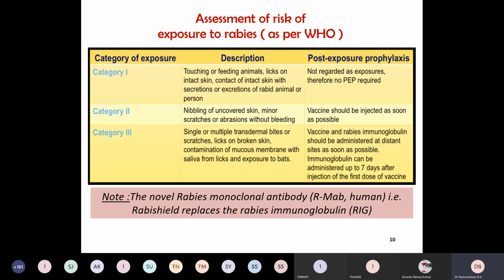Only a few vaccines are recommended for intradermal routes by the WHO. Rabivax is approved by the Drug Controller General of India, that is DCGI, and the Central Drugs Standard Control Organization, Government of India, and is manufactured as per the recommendations of WHO.